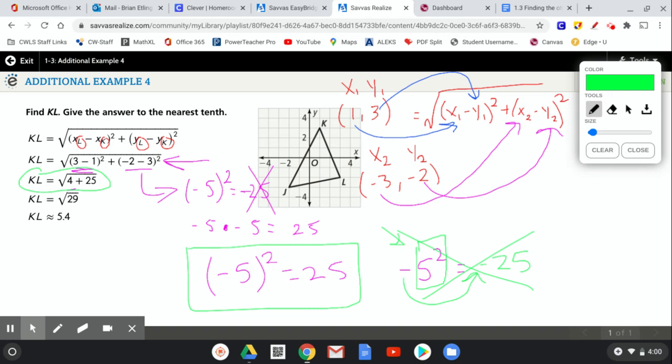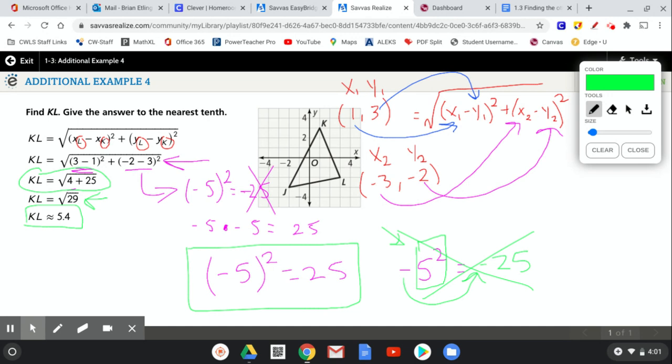But regardless, it kind of shows you what it looks like, and so it's going to be square root of 29, all right, which is approximately 5.4. And also, pretty much every time you do some of these problems, you are going to get a decimal, okay, of some sort. You're very rarely ever going to get a whole number.